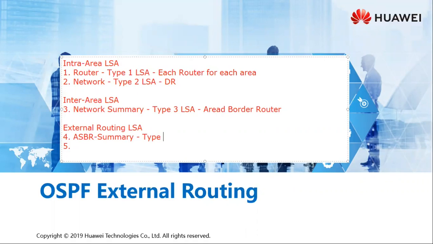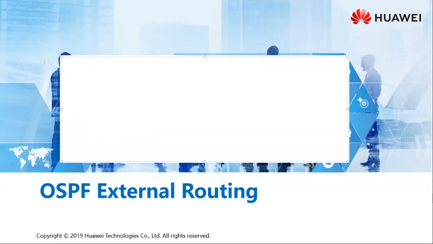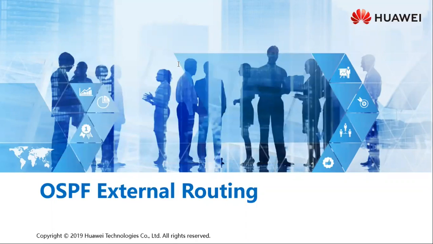So this is type 4. We're going to understand what that is and how it's generated and which router generates it. And we're also going to see another one called the AS external LSA. This is what we call the type 5 LSA, link state advertisement. So we're going to understand them. By the end of this chapter, we should be able to know how they operate. Okay, so let's move on.